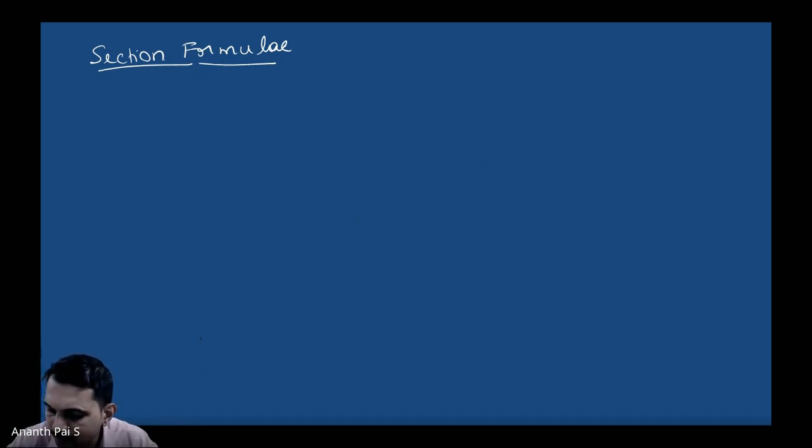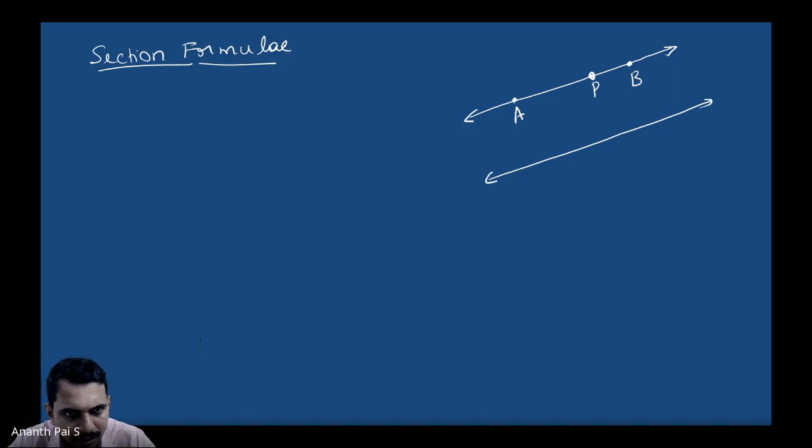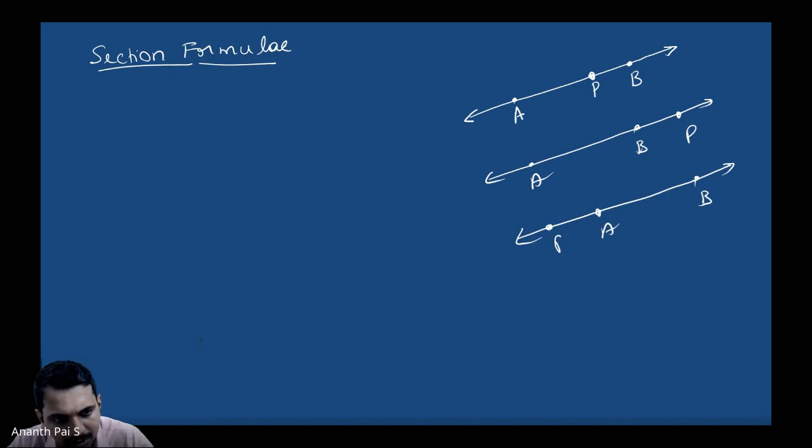So if you have A and B, a line going as a ray, I have a point A here, a point B here, and P divides this externally. Another case is I may have A here, B here, and then you have P. So P divides externally. This other case divides internally, correct?